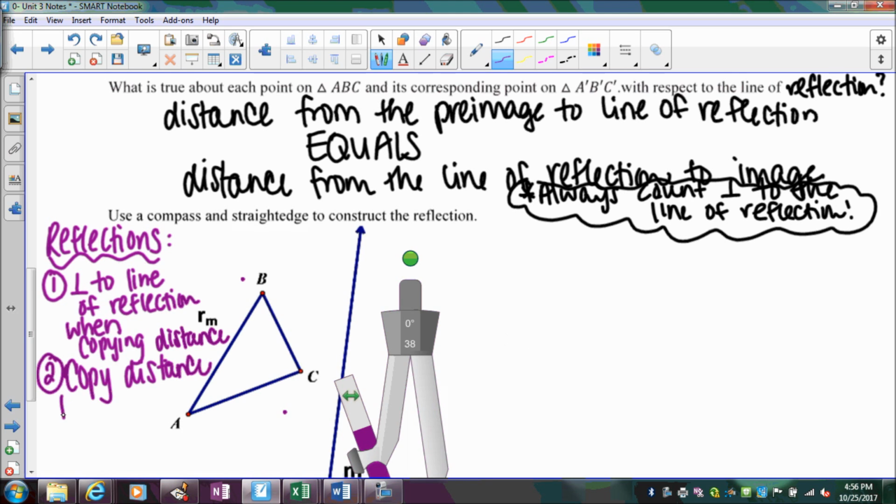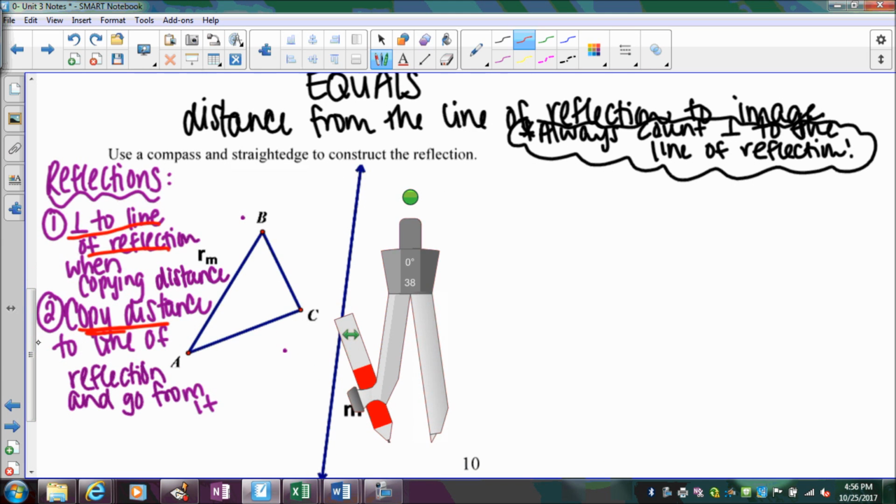So copy distance to line of reflection and go from it. So the main ideas here, you have to be perpendicular to the line of reflection, and you have to copy the distance. We have to keep the distance the same.